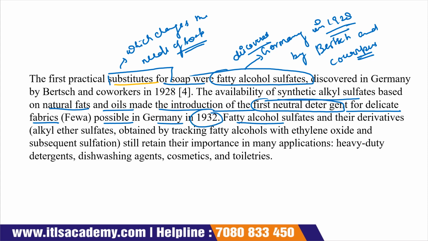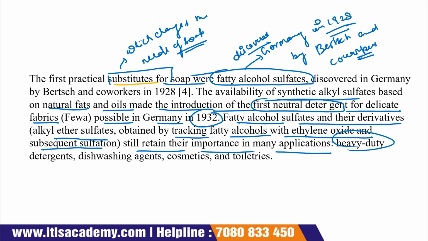Fatty alcohol sulfates and their derivative, that is alkyl ether sulfate, which is obtained by treating fatty alcohol with ethylene oxide and subsequent sulfonation, still retain their importance in many applications, that is heavy duty detergents, dishwashing agents, cosmetics and toiletries.